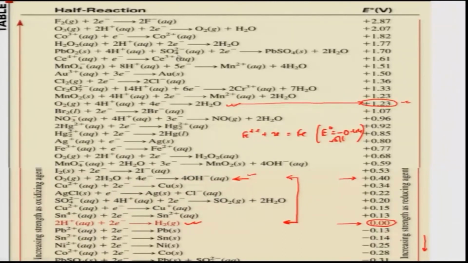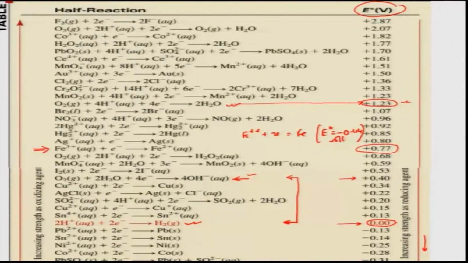For example, if I consider this reaction, we are not considering any metal deposition, rather here we are considering the reduction of ferric ion going to Fe2+, and we see that the reduction potential is 0.77 volt, which is of course the standard reduction potential, because here you see E0 is mentioned. Now, this is a very strong reduction reaction.